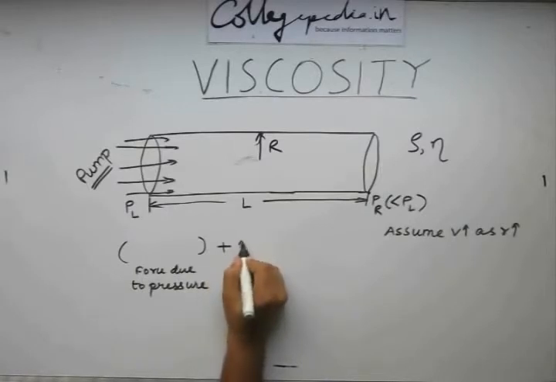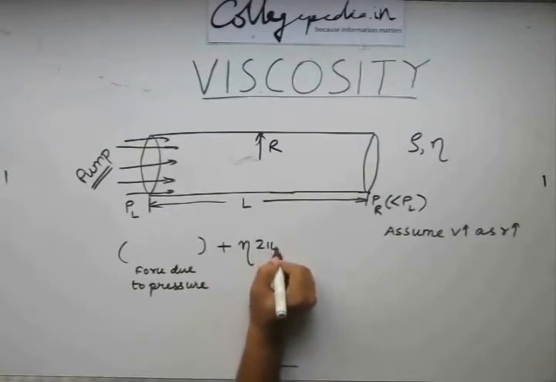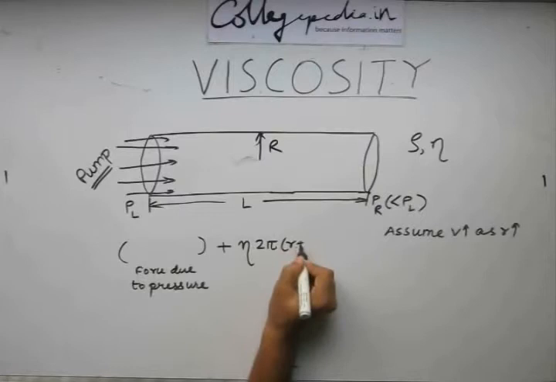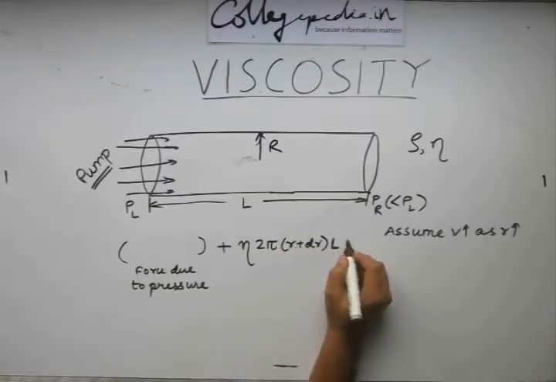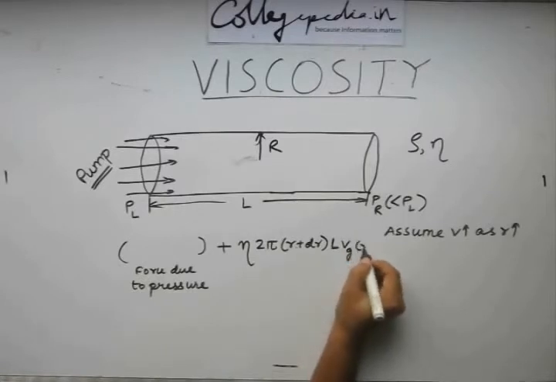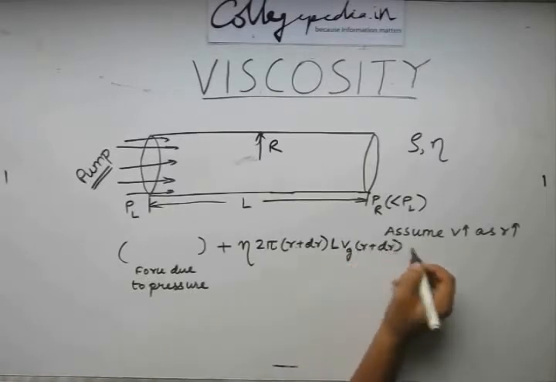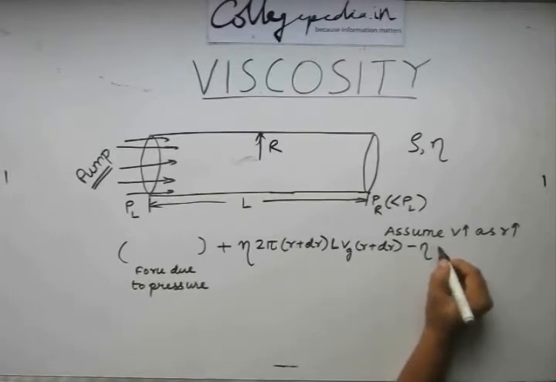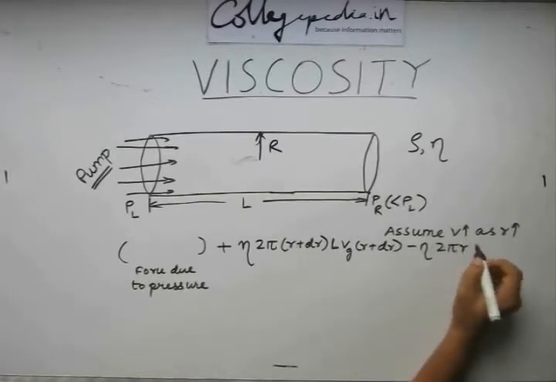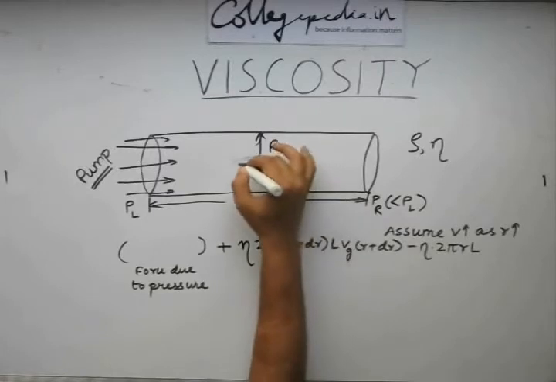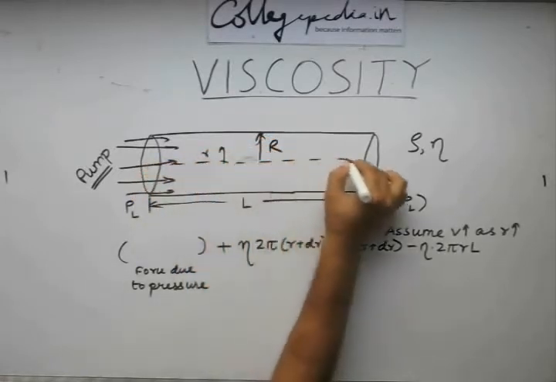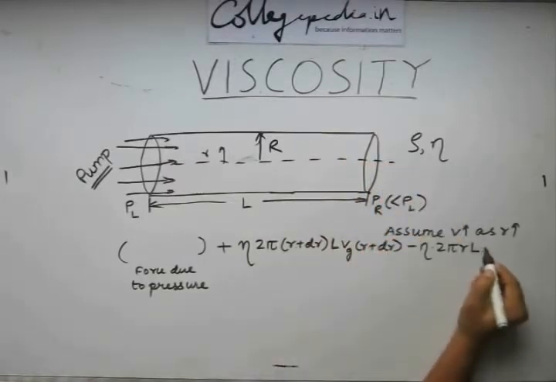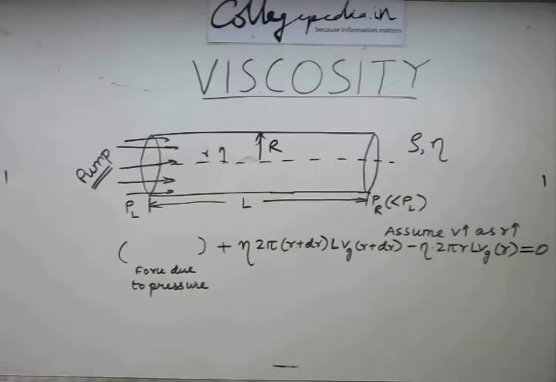This plus, we will be having the same equation again, eta times 2 pi (r plus dr) times L, velocity gradient at r plus dr, minus eta times 2 pi r. We are just considering any r here from the center line, into velocity gradient at r. This should be 0.